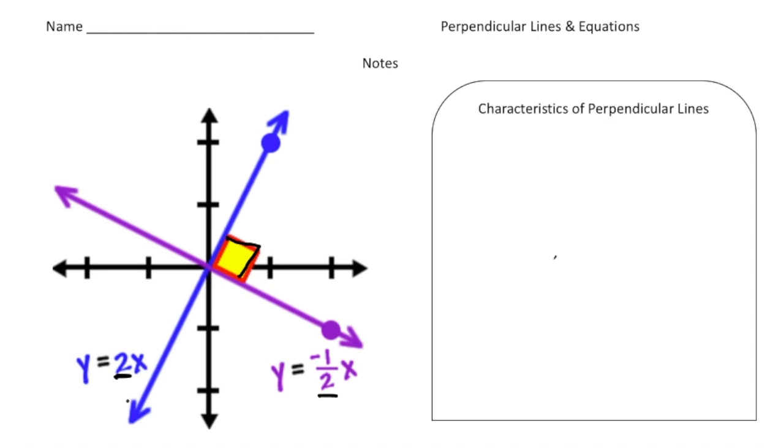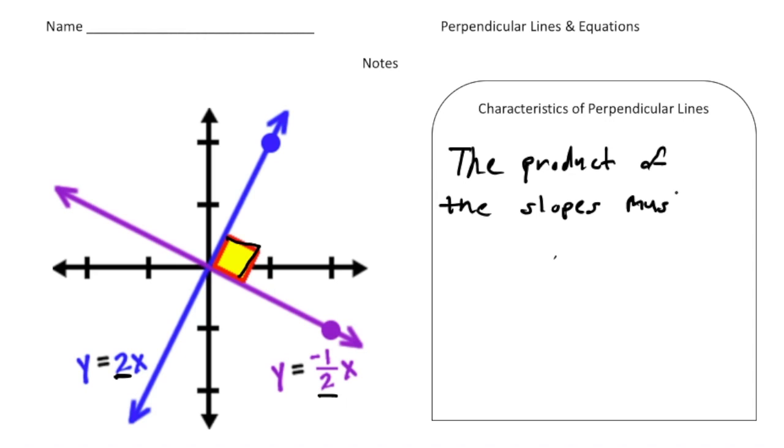So think about it. The reciprocal of 2 is 1/2, but for it to be perpendicular, it has to be -1/2. So we could say the product of the slopes must be -1.